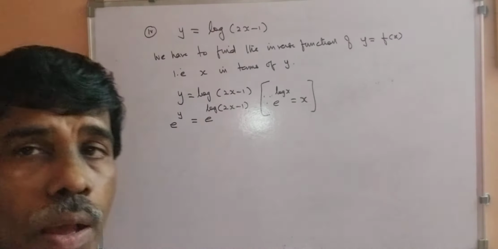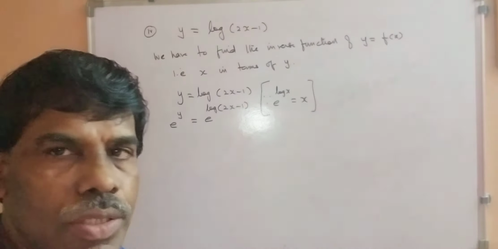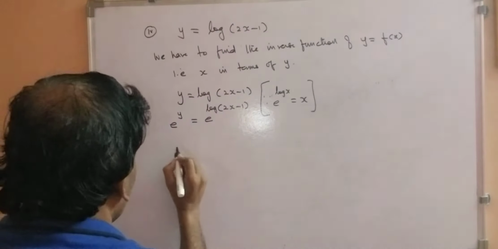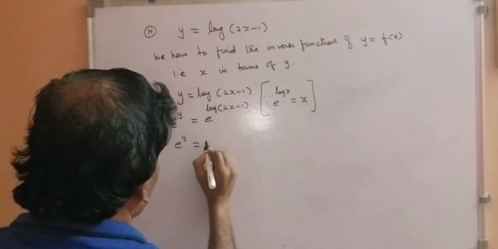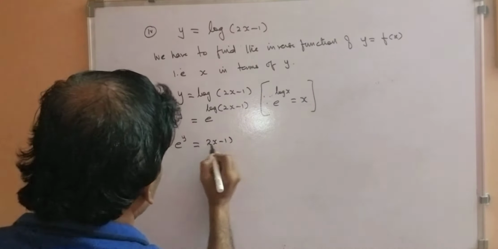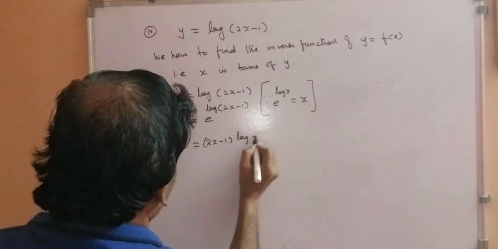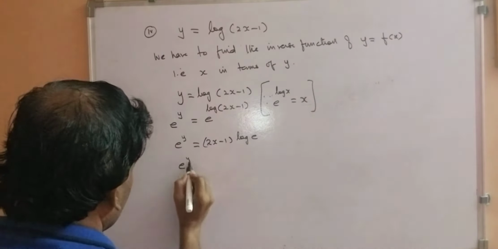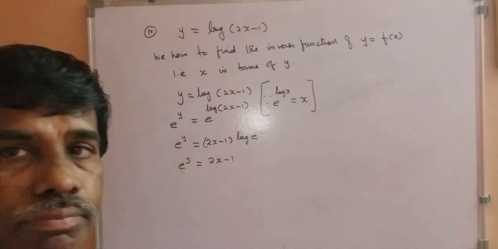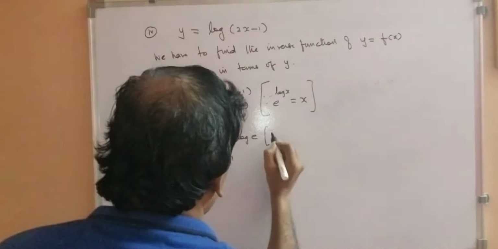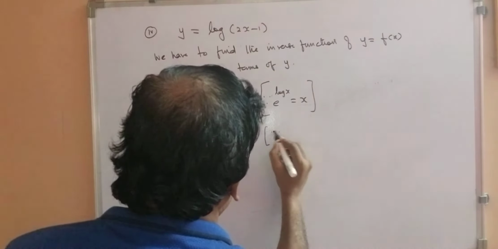What is the formula? E to the power log of x equal to x. So now here e to the power y equal to, can you tell me this, what we will write? 2x minus 1 into log e. That is e raised to y equal to 2x minus 1. But what is log e? Log e is equal to 1.